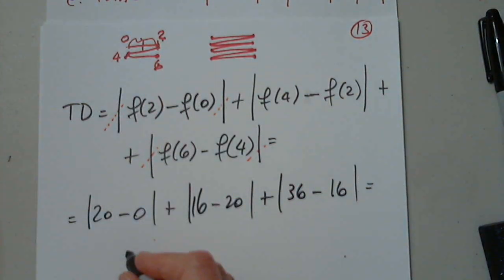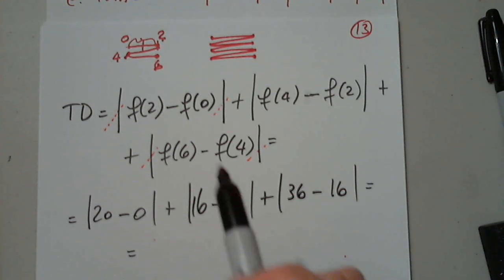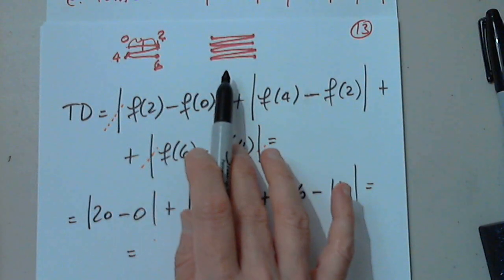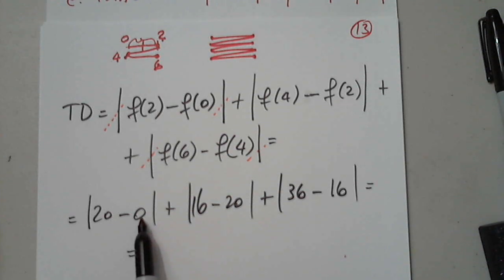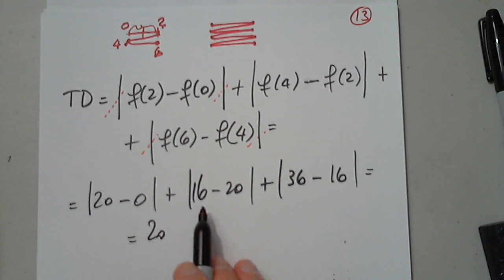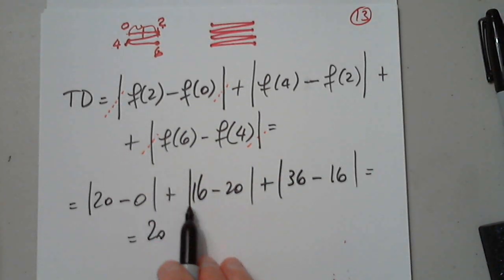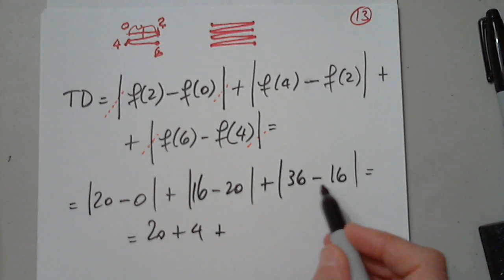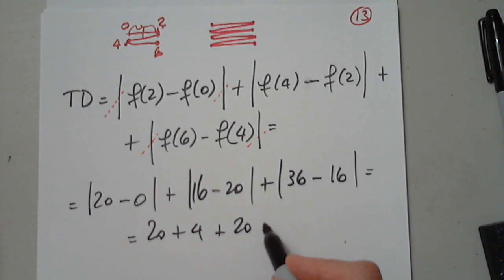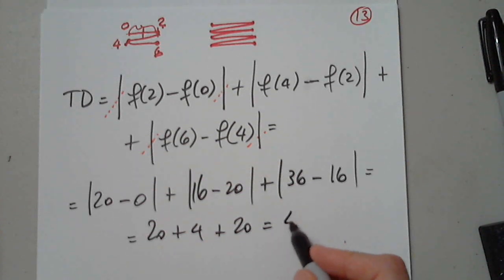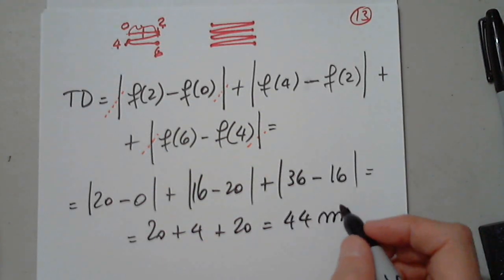The distance must be positive. We can never have a negative distance. So 20 minus 0 is 20 in absolute value, 20. 16 minus 20 is negative 4 in absolute value, 4. And 36 minus 16 is 20. So 20 plus 20 plus 4 is 44 meters.